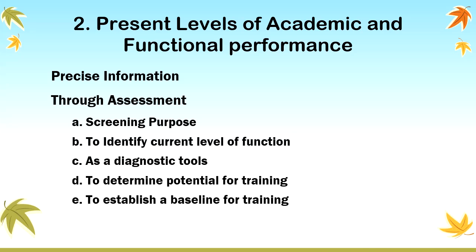The fifth reason is to establish a baseline for training. Here the assessment will be regularly repeated, which is very useful in providing information to measure future achievements and the progress. And the sixth reason is to record progress and monitor change.